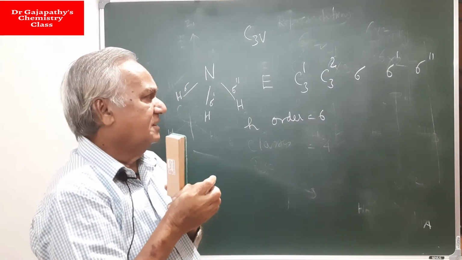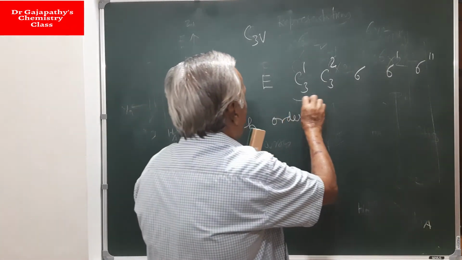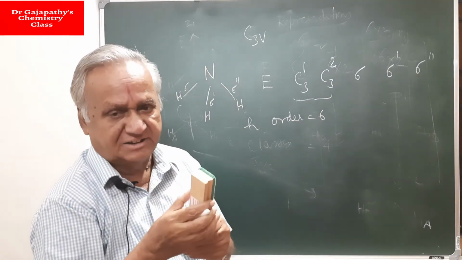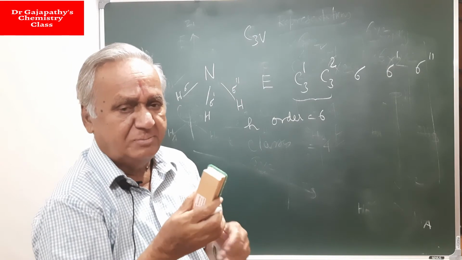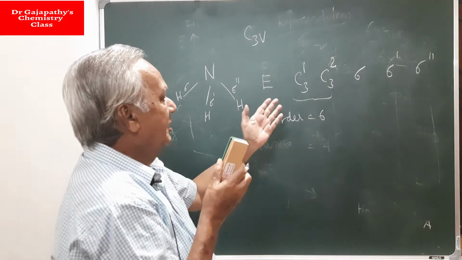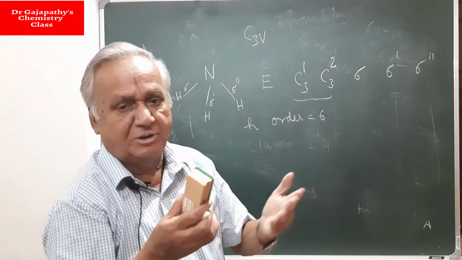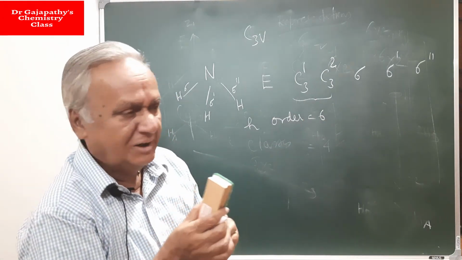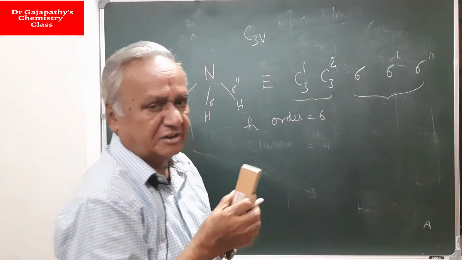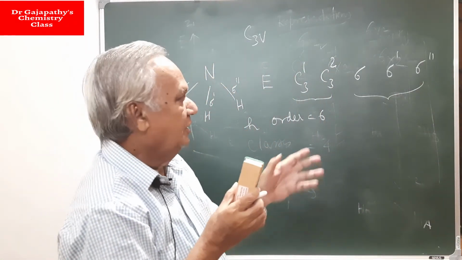Now I want to check whether these belong to the same class or not. You can only check operations of the same type. You can't check a C31 and sigma to see whether they belong to the same class. Similarly, I will check whether these 3 sigmas belong to the same class or not. Let me find out now.